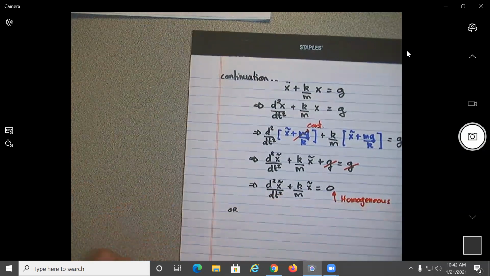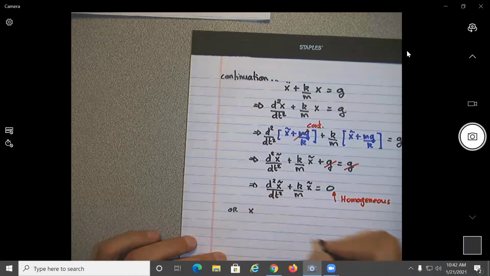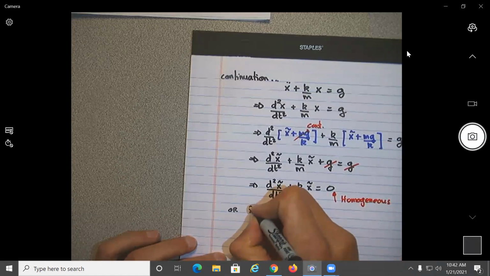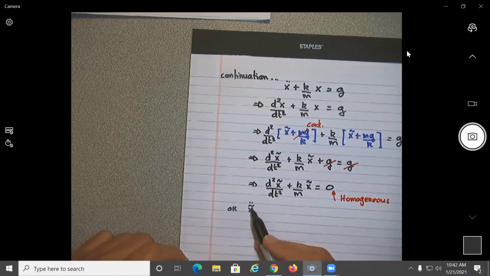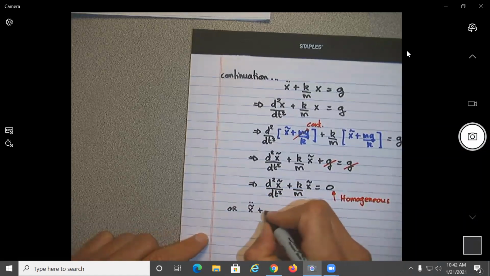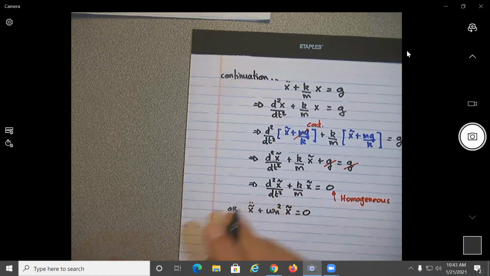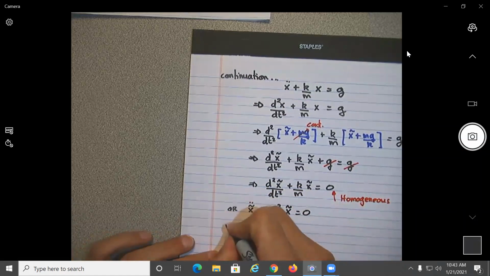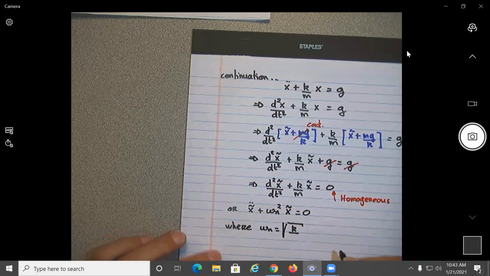This is going to be crazy notation now, because if we use the same notation as before, this should be x wiggly double dot, plus omega n squared x wiggly equal to 0, where omega n is equal to the square root of k over m.